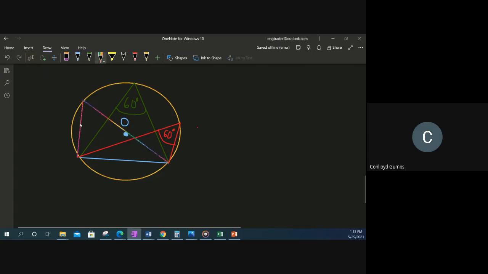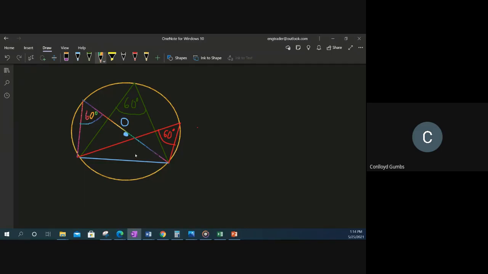So this is 60, this is 60, this is 60 as well. If you notice how this almost passed through the center, it almost gave us 90 degrees. If that did pass through the center properly, we would have known that here is 90, and then we would have known what this here is, obviously 30, and so forth.